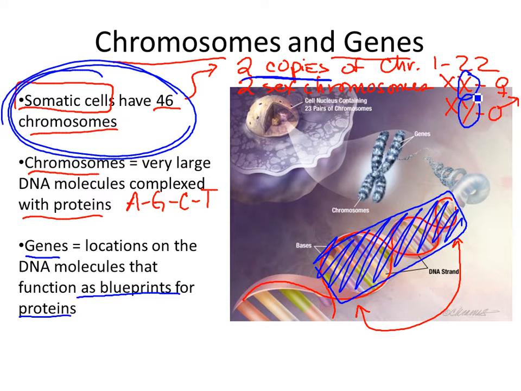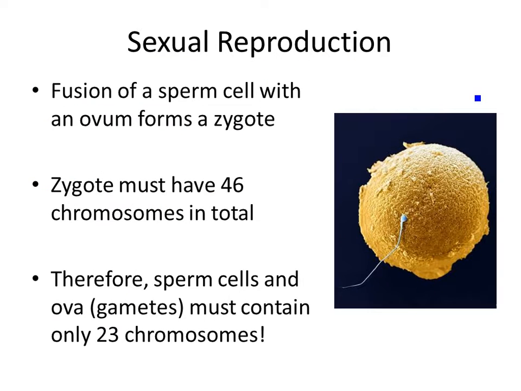That combination from your parents determines whether you're a female or a male. And again, you've got to have the proper combinations of these chromosomes in a cell, otherwise that cell is going to die or function very inappropriately.